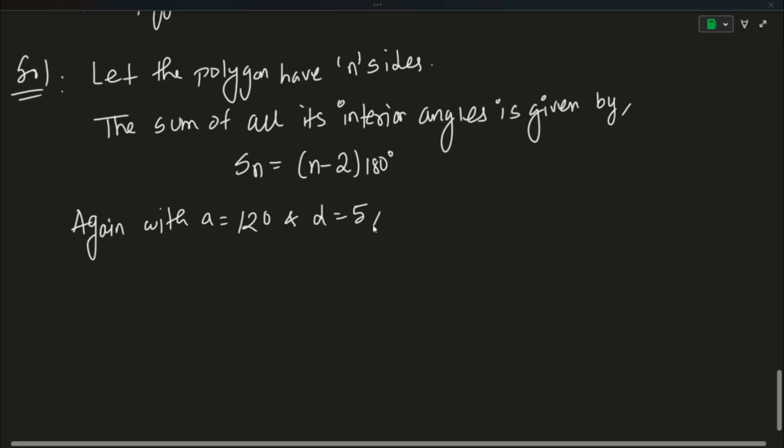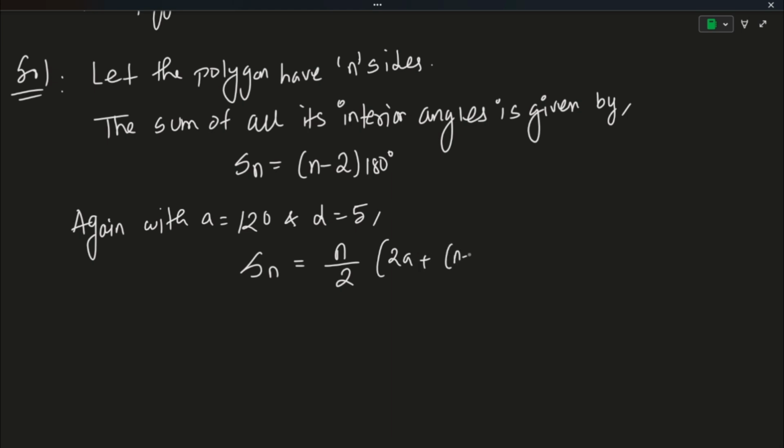So since A is 120 and D is 5, we can find out the sum of the first n terms of the AP as well, right? So how do we do this? We can simply use the formula S of n is equal to n by 2 whole into 2A plus n minus 1 whole into D. Now n we don't know, so n by 2. 2 into A is 240.